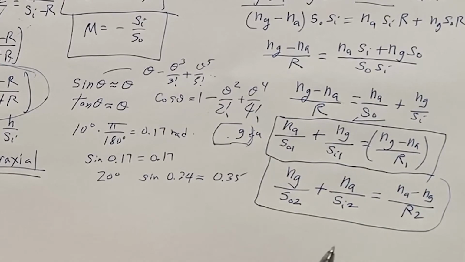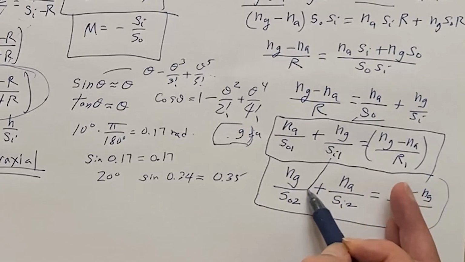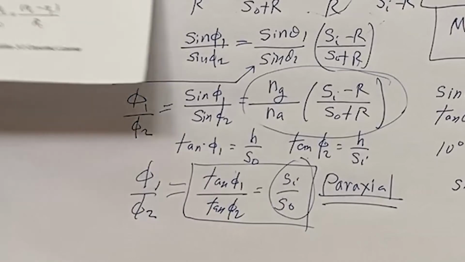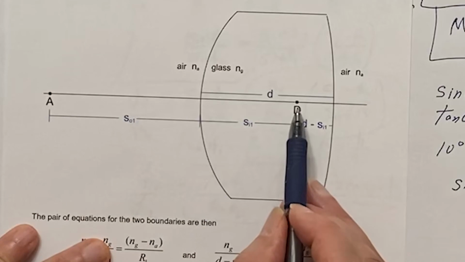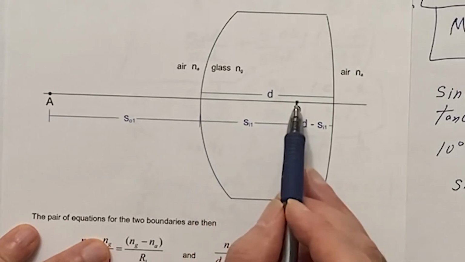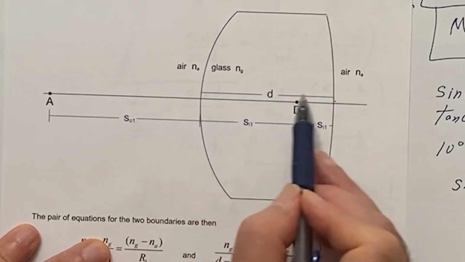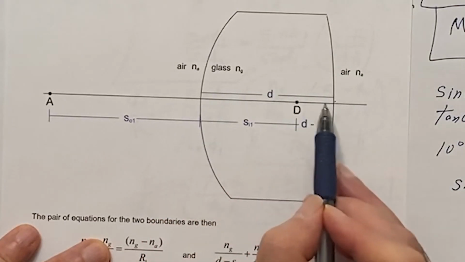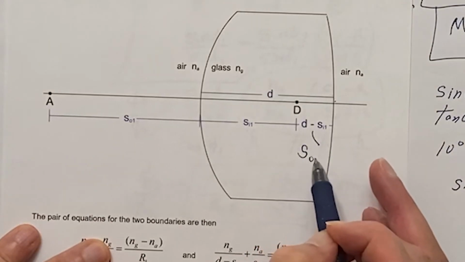Now comes the part where we have to relate the image of the first surface to the object for the second. And we remember how to do that. We did that before with the intermediate image kind of case, where if you have, say, that image here, and we look at that as an intermediate image, then to compare it to the second surface, we know that this is the separation distance D, and if we subtract the image distance for 1, we will get the object distance for 2. So this is the object distance for 2.